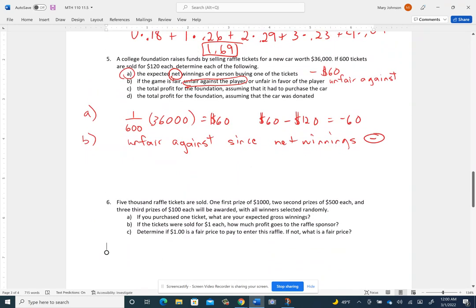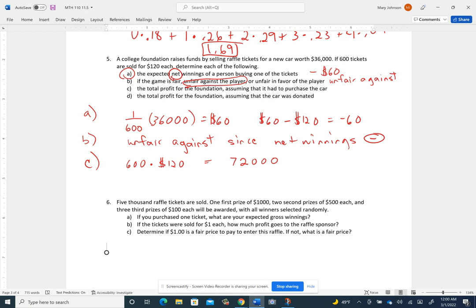Then we're being asked to think about the profit the foundation makes, because of course they do this to raise money for some good cause like scholarships for students. In C, we're figuring the total profit, assuming they had to actually buy the car. They sold 600 tickets at $120 each, so that would be $72,000, which is how much money they brought in.